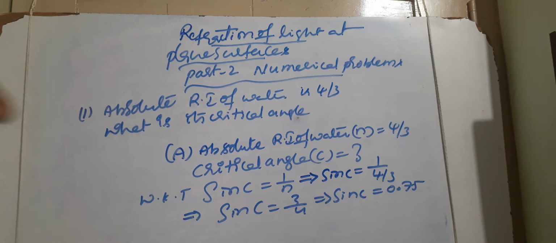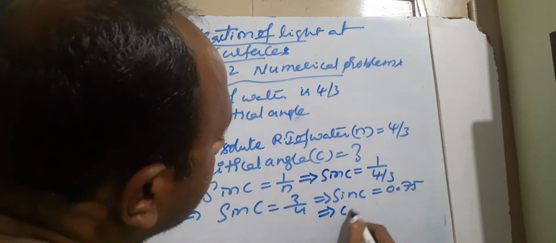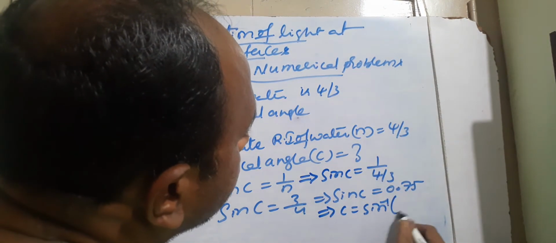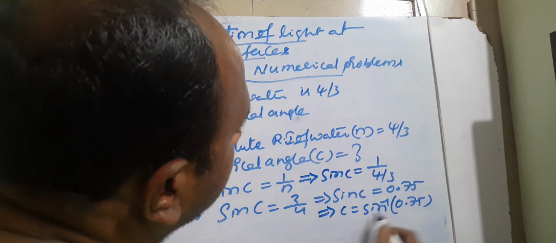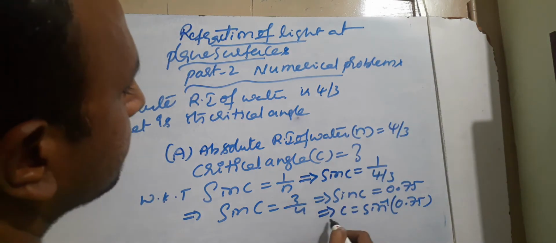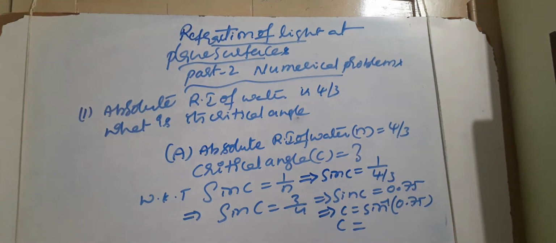Then C, the critical angle, is sine inverse of 0.75. So sine inverse of 0.75 is equal to 48.5 degrees.